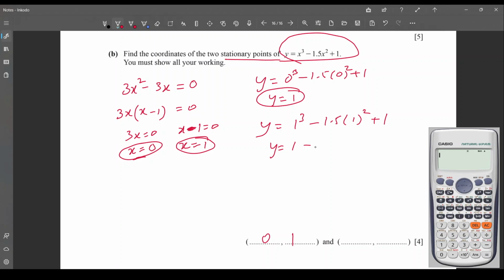So that's 1 minus 1.5 into 1, plus 1. So y is 2 minus 1.5, so y is 0.5. So if x is 1, y is 0.5.